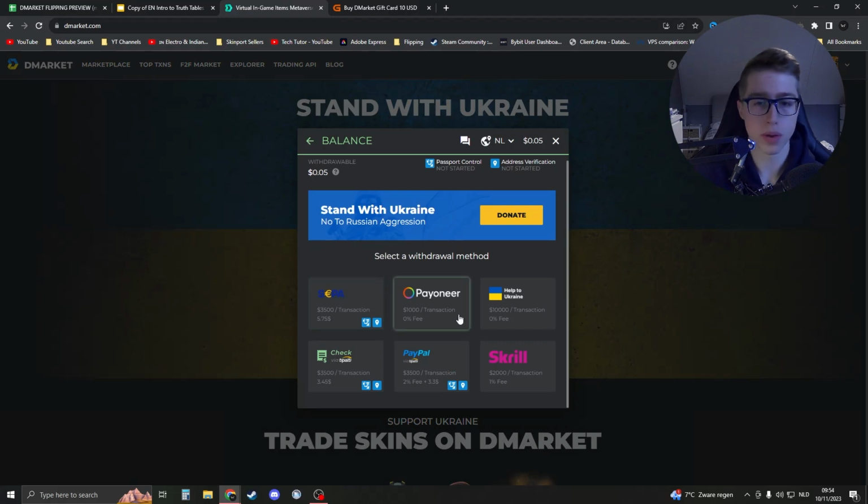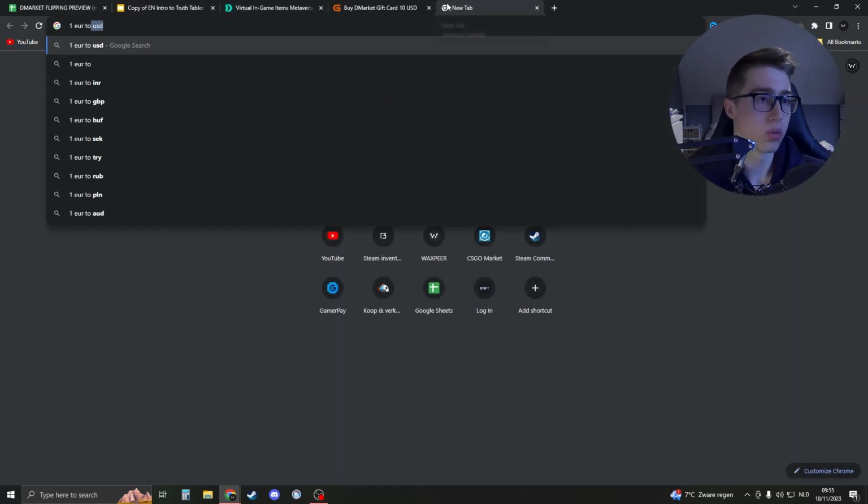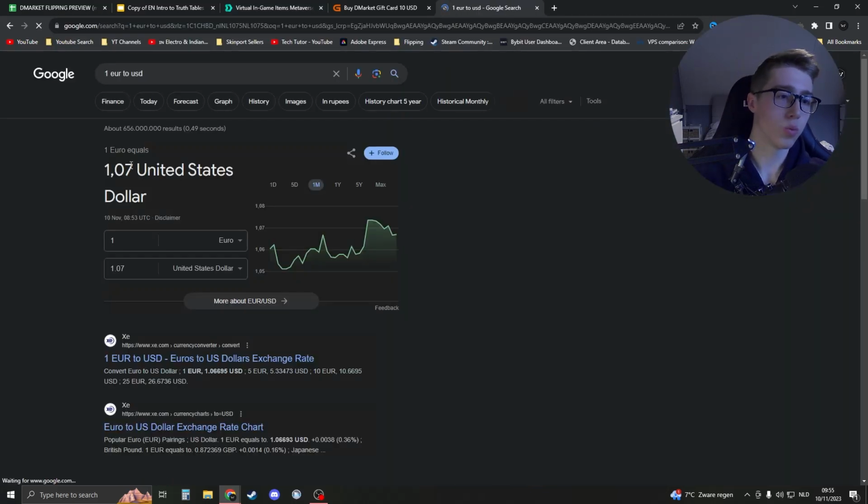Here you have SEPA, Payoneer, Skrill, PayPal. These things may look like a small transaction fee, 0%, only 1%. But something that not a lot of people talk about, which is very important, is that they take conversion fees. So how PayPal actually makes money is, when we take a look at €1 to USD, it's 1.07 United States dollars.